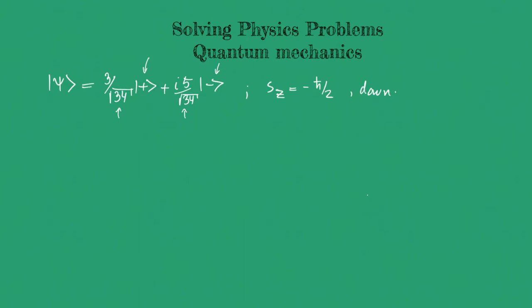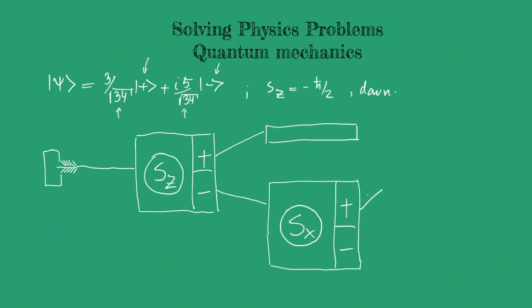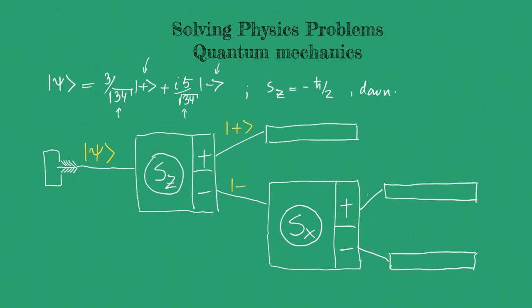So the best way to visualize it is through the Stern-Gerlach experiment. I'll sketch below a Stern-Gerlach representation for the given experiment. This is the oven that produces the beam of atoms.